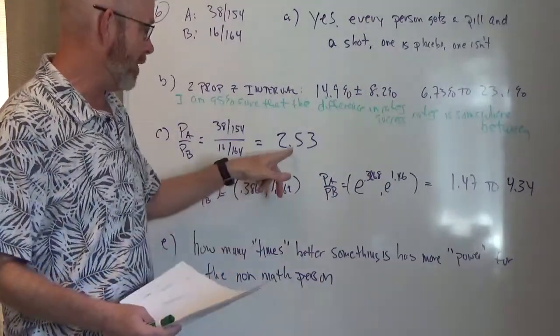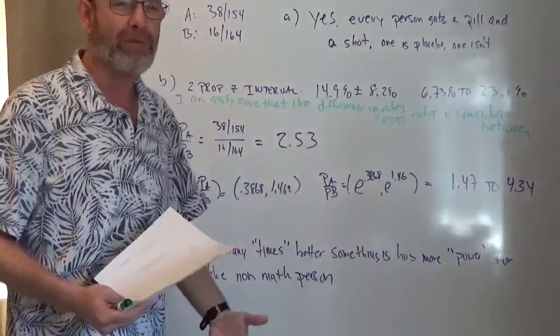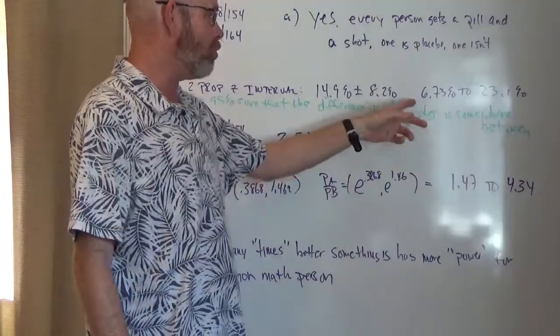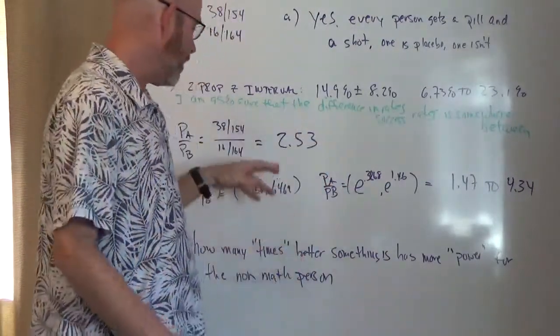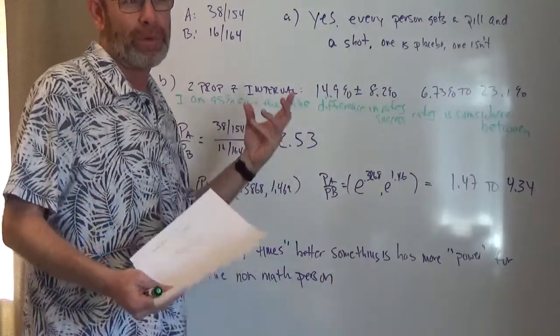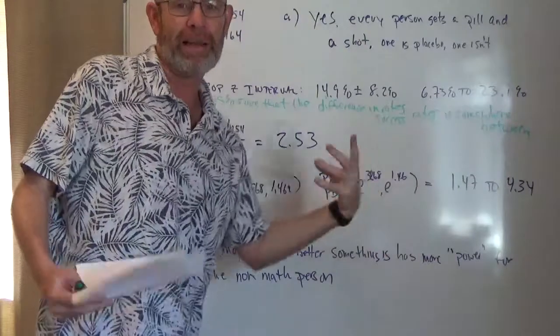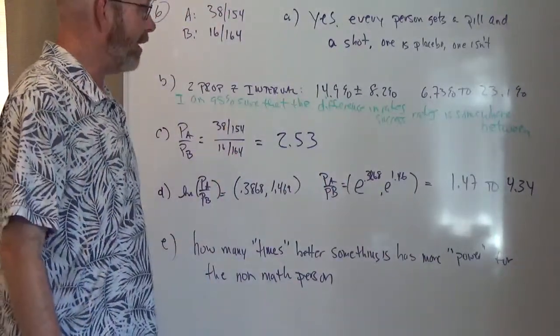So mathematically, this number kind of makes a little bit more sense than that, especially as this number gets closer to 0, right? If I said the confidence interval was like 2% to 7%, would you say, is that one that much better? I don't really know. But if I threw that number at you and said 2.5 times better, it's a little bit more powerful for the lay person, for the non-math person, to understand what that means. That's all they meant on that one, I think.